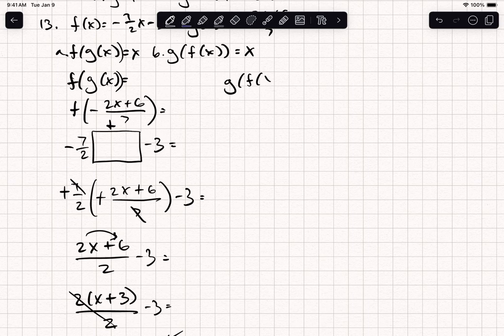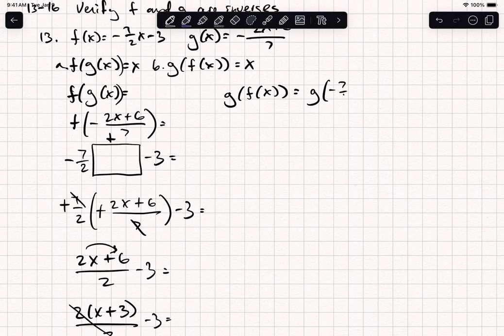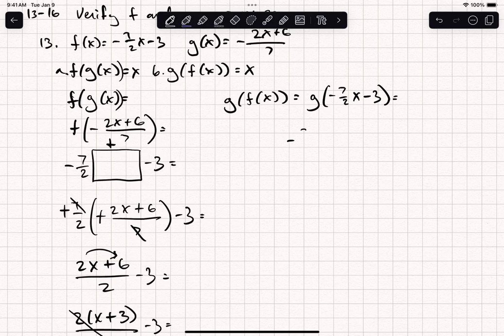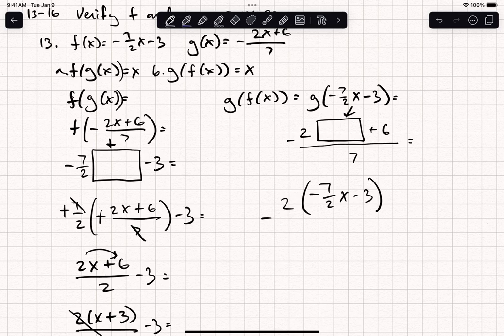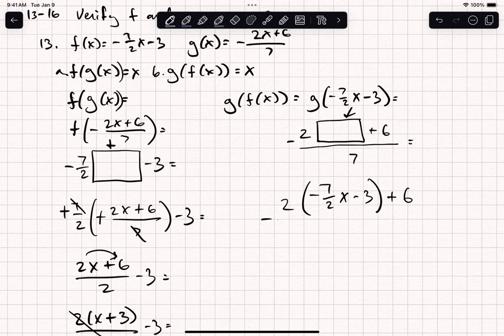g of f of x. I'm going to replace the f of x. Rewrite g in box notation. Fill in the box and start simplifying.